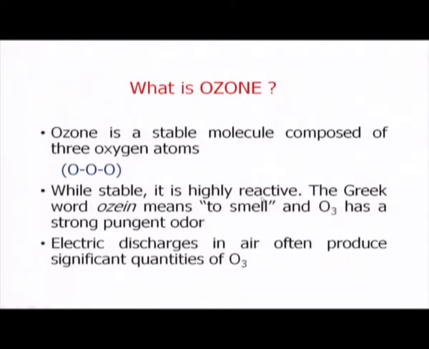In fact, we can recognize it by the slightly fishy odor, especially near an electrical transformer. Electric discharges significantly produce ozone, and that smell is an indication that ozone is present in that area.